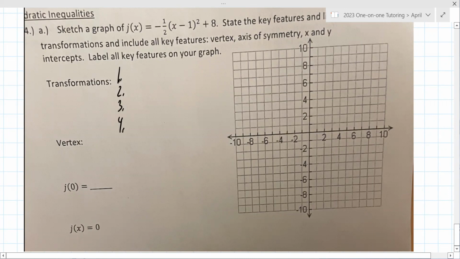Can you tell me any of the transformations that you see? The slope is -1/2. Notice there's no slope word here. The slope only applies to absolute value. Oh wait, this is a quadratic. Yes, good. Glad you identified that.